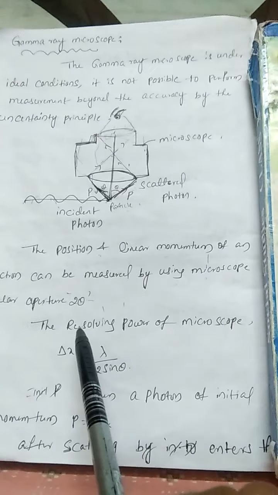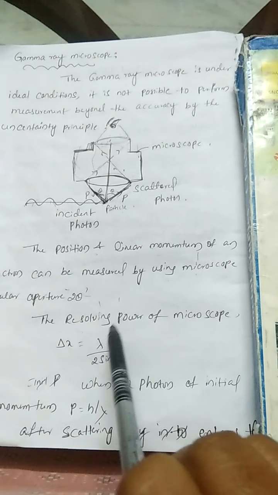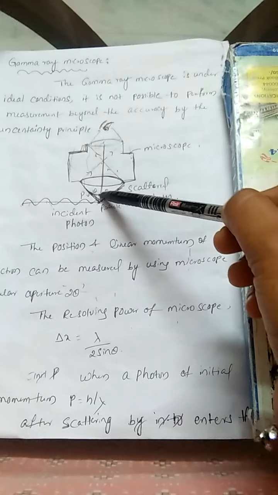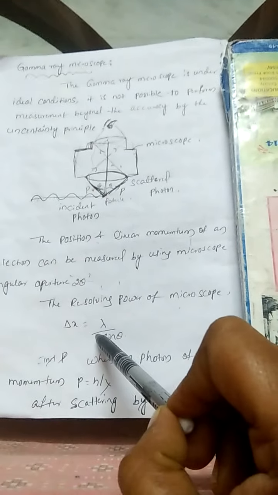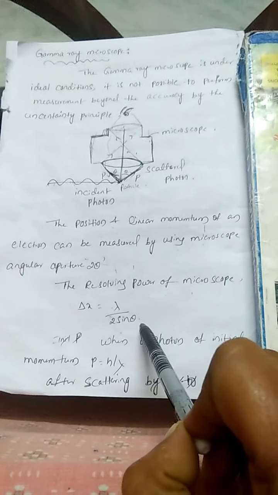By the principle of the resolving power of the microscope, the formula for the resolving power, delta x, which is the position of the electron in the field of view, is delta x equals lambda by 2 sin theta.